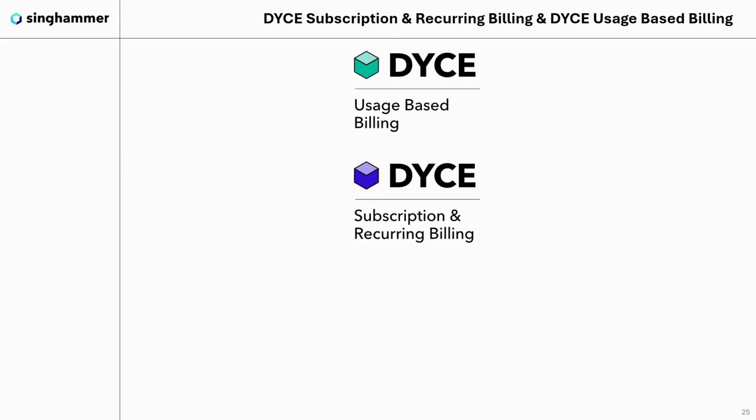These functions are provided by our power couple, DYCE Subscription and Recurring Billing and DYCE Usage-Based Billing. In summary, our apps enable you to establish an efficient contract management system that becomes the core of your recurring services, from flexible pricing and subscription models to maximum transparency for your customers. It's all covered.